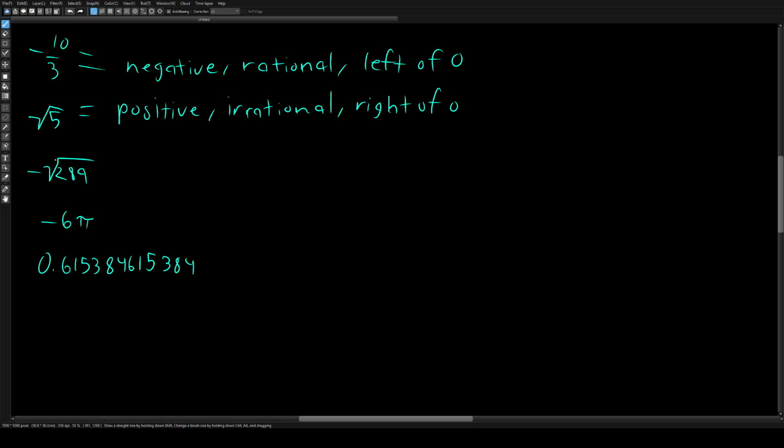Next, we go to the negative square root of 289. So I kind of want to make this simple and say that let's keep the negative separate for now and take the square root of 289.